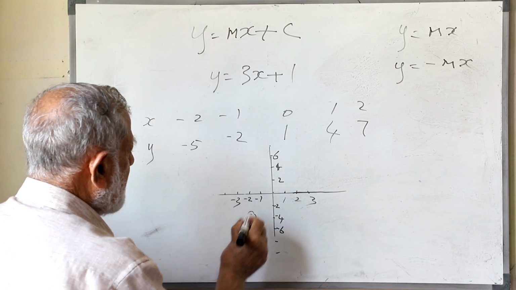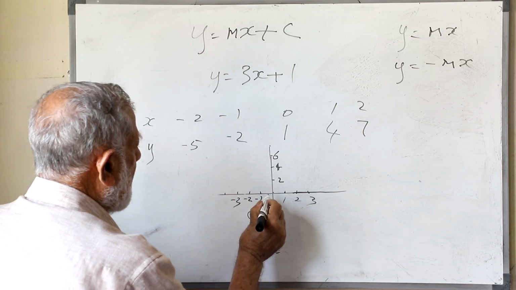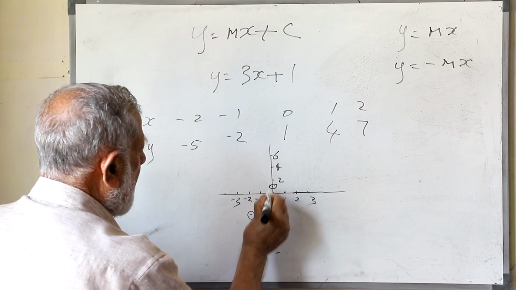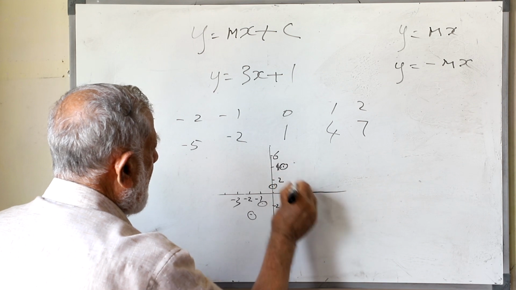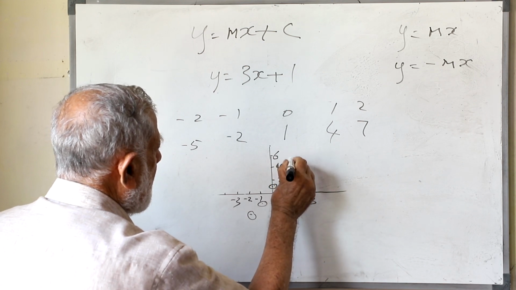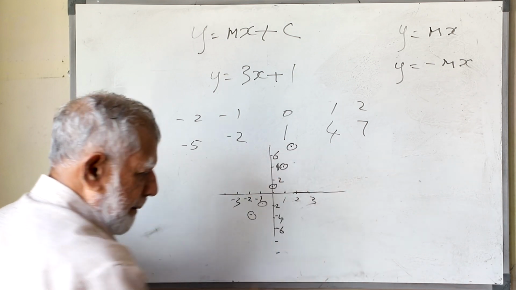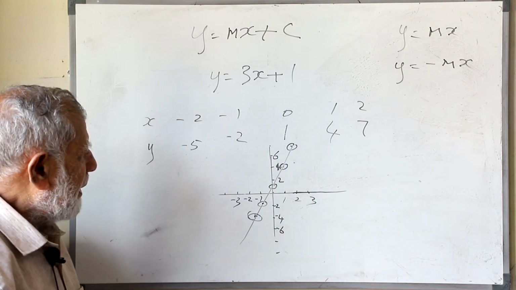Minus 1, minus 2 here. 0, 1. 1, 4. 2, 7. Okay, this is the graph that you are getting.